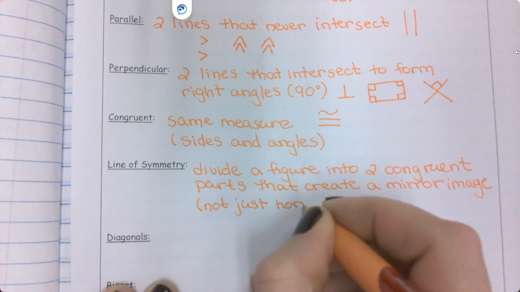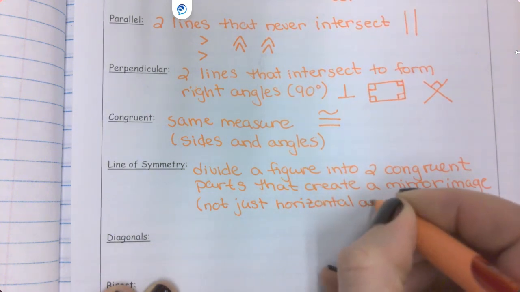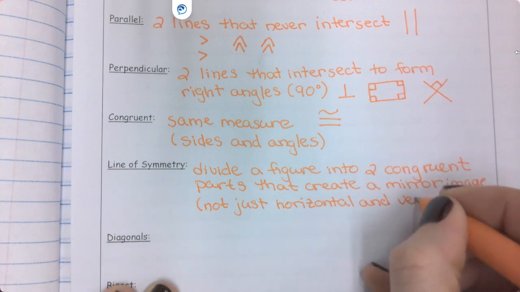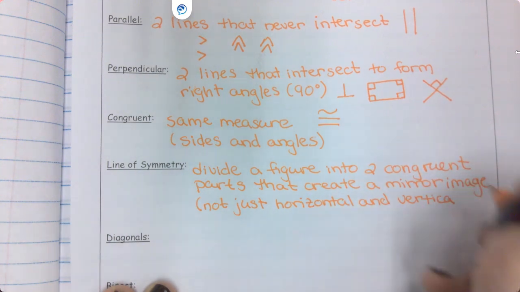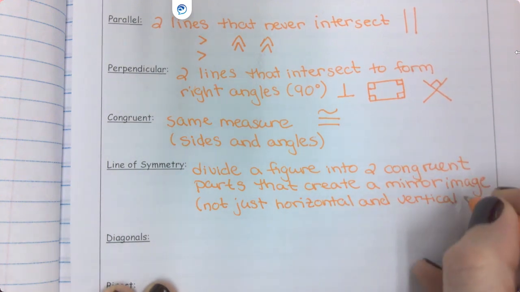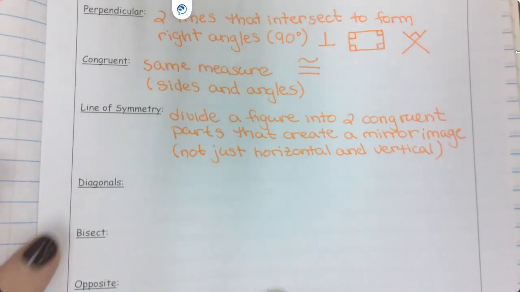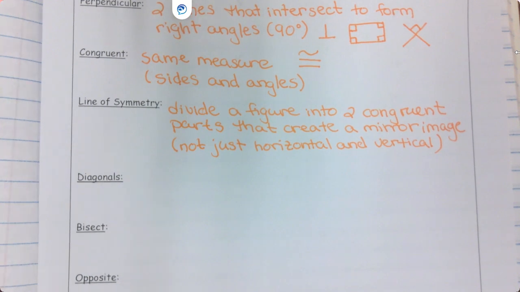Those are the ones we think of most frequently, and those tend to work with more shapes, but you can have lines of symmetry at different angles, like at diagonals. Which takes us on to our next vocab word, diagonals.